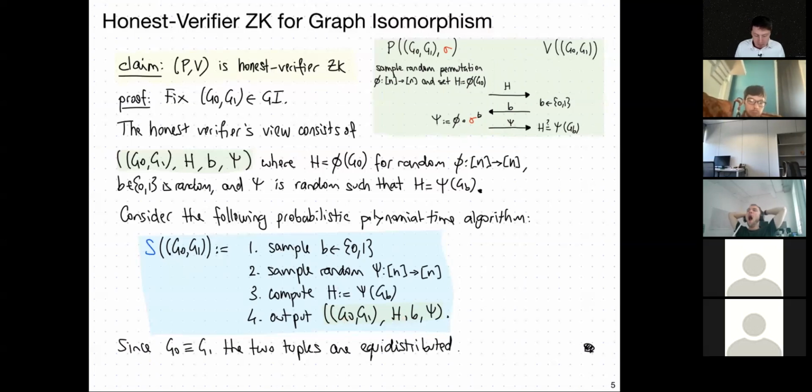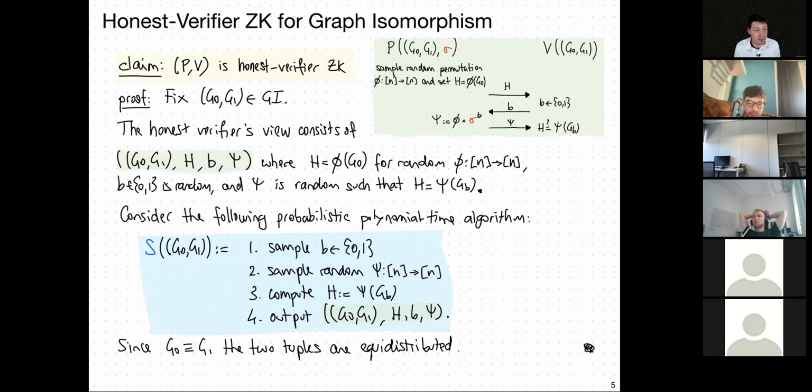And the two tuples are equidistributed because, let's see, G0 and G1, that's the input that comes in, great. They're isomorphic. So H, is it or is it not a random graph in an isomorphism class of G0? Sure, because we picked a random B, then we applied a random permutation to GB. This whole thing is going to give us something that is equidistributed as if we had sampled phi and applied it to G0.